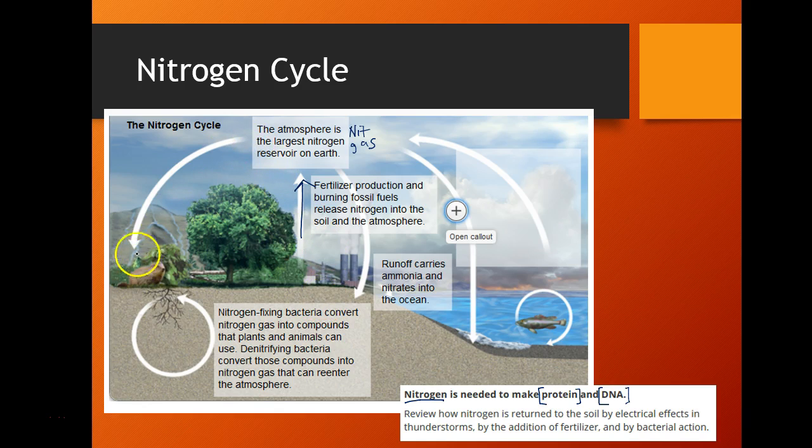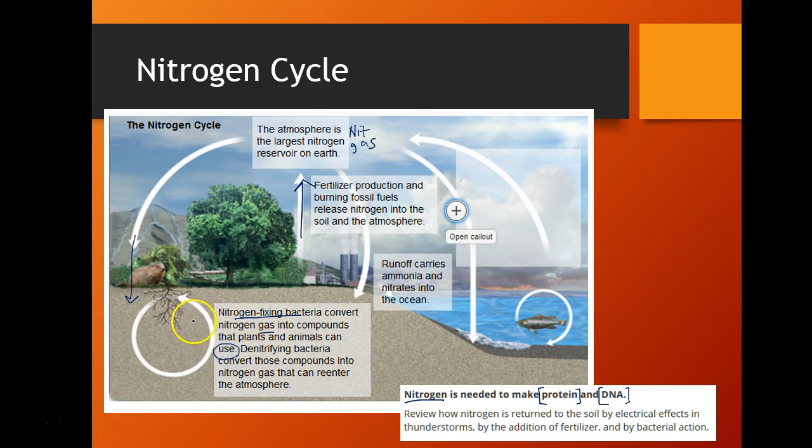That nitrogen gas can go into the soil as well. Once it's in the soil, remember we can't use the nitrogen gas for living things, so we have something called nitrogen fixing bacteria, and their job is to convert that gas into compounds that plants and animals can actually use.